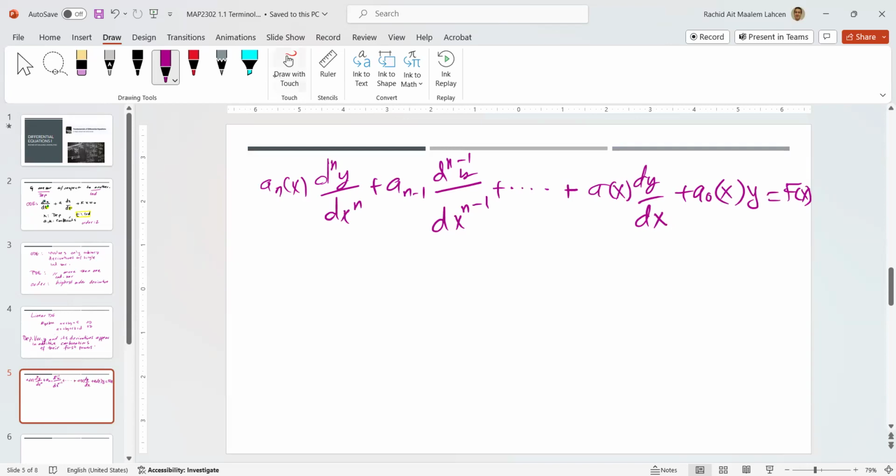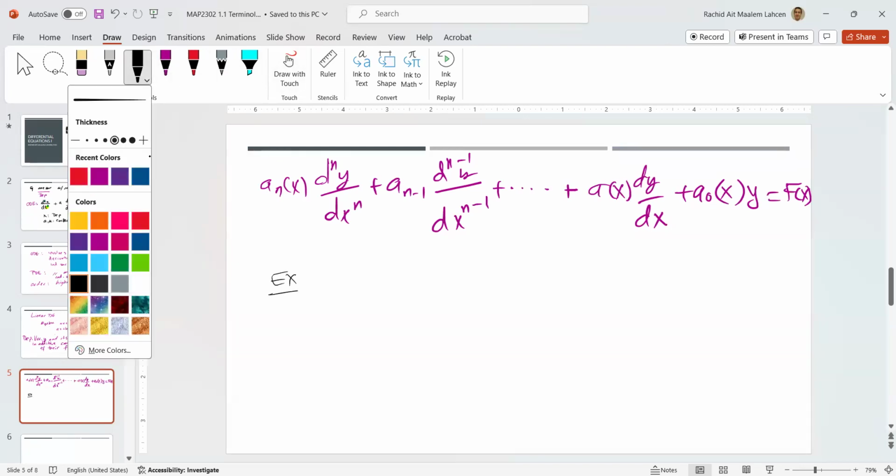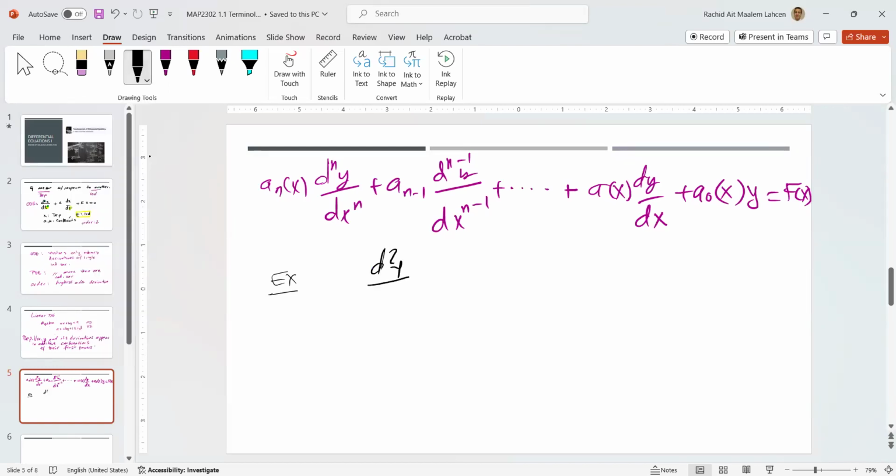Let's look at an example. What about this second derivative plus y cubed equals 0? The cube here will make it not linear.